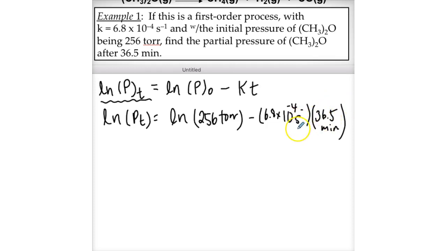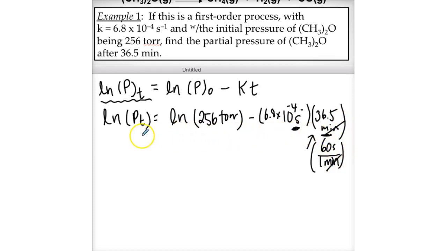However, we run into a small problem because k has units of seconds and we're given minutes. So what we have to do is convert this into seconds. You could convert it or you could expand it. So I'm going to multiply this by 1 minute has 60 seconds. So the minutes cancel and you're left with seconds.